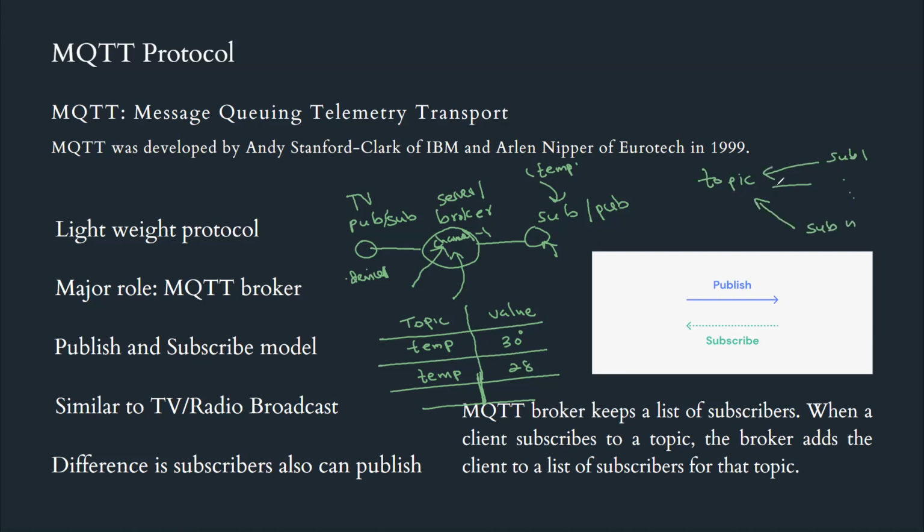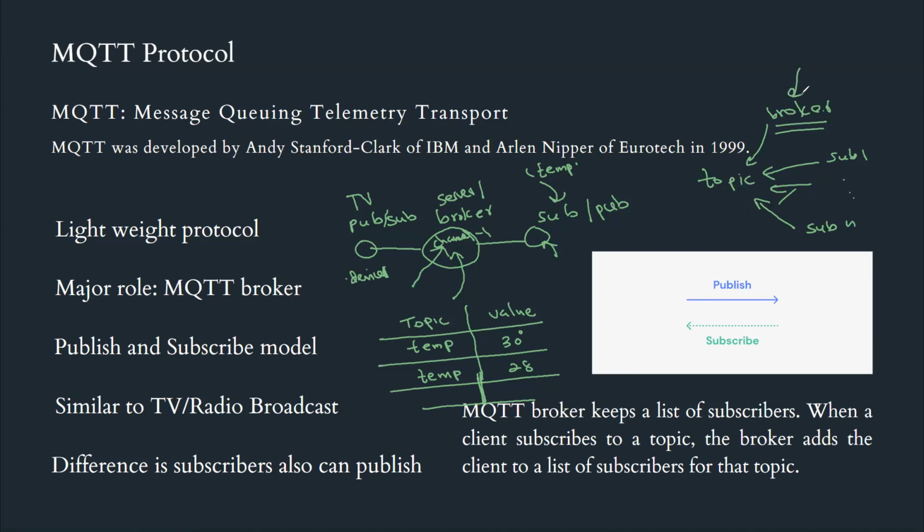So the MQTT broker is defining or categorizing these subscribers and organizing them under a certain topic. So the broker is responsible for organizing the subscribers under a certain topic and organizing the publishers under a certain topic.